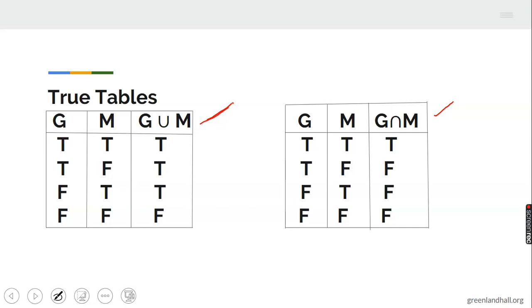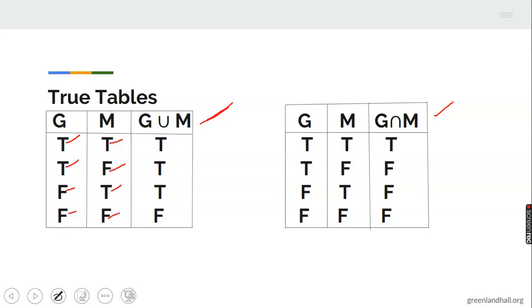We use T for those that wear glasses, TT, then followed by FF. Now here for M, we use T for true and F for false. Then you have true and false.